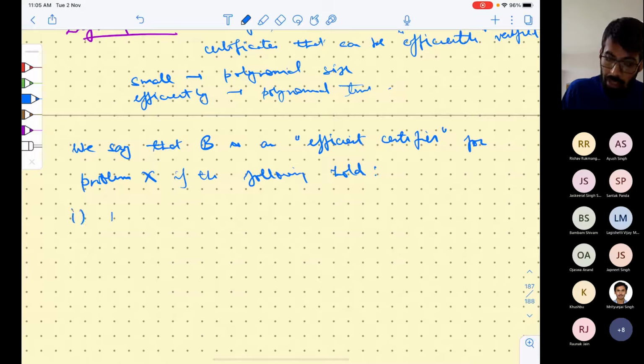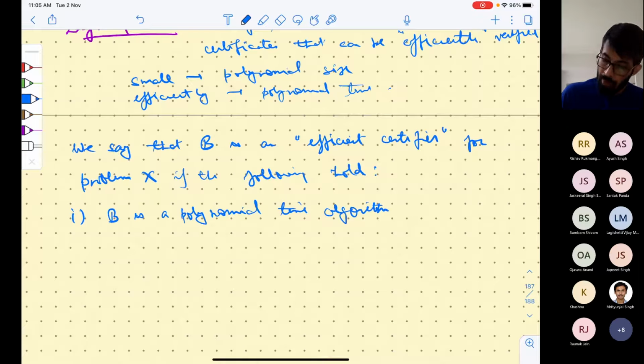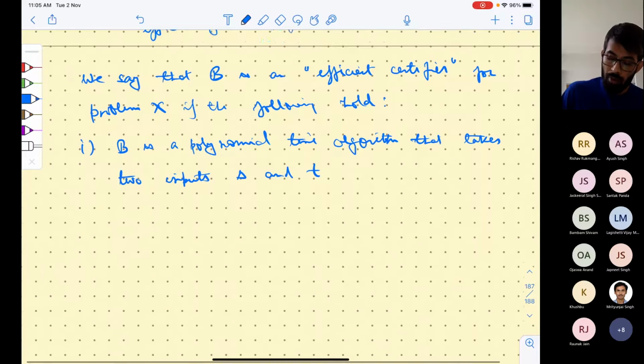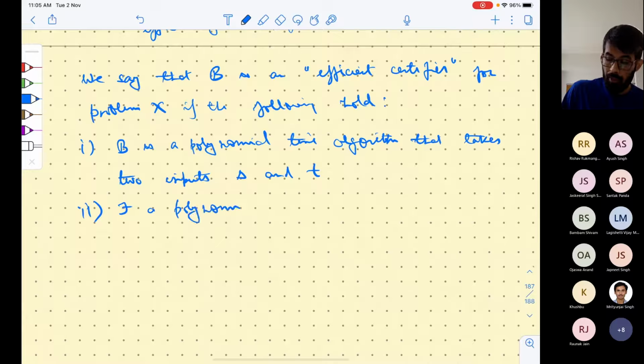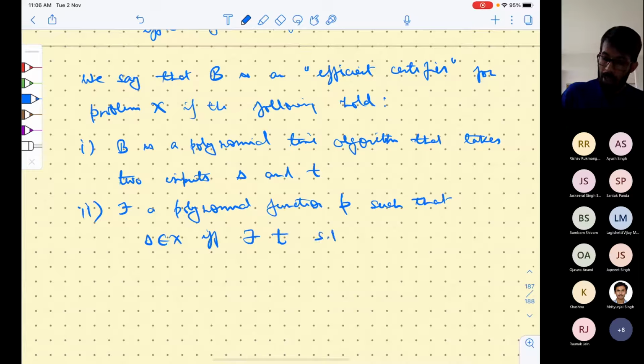First is that B is a polynomial time algorithm that takes two inputs, S and T, where S is the problem input for X. And second, there exists a polynomial function P such that S is in X if and only if there exists T such that B of S comma T is equal to 1, or B of S comma T is yes.